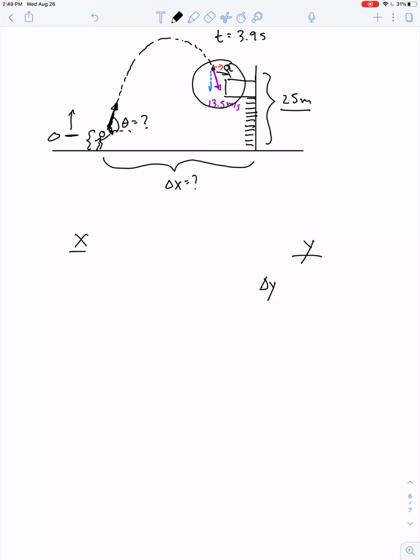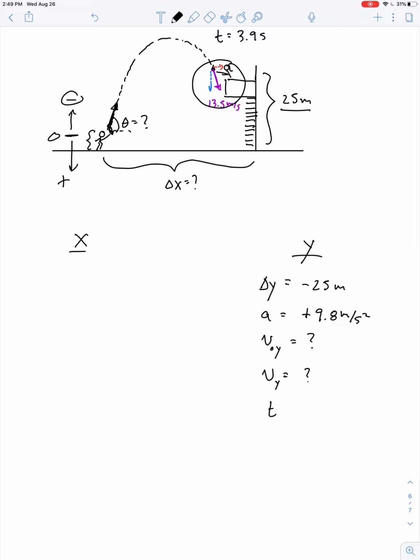How about this time I say up is negative and down is positive. So delta y would be equal to negative 25 meters. The key's displaced upward, and upward is negative. Acceleration is positive 9.8 meters per second squared. The initial velocity along the y-axis is not known, but the final velocity along the y-axis is not known either.